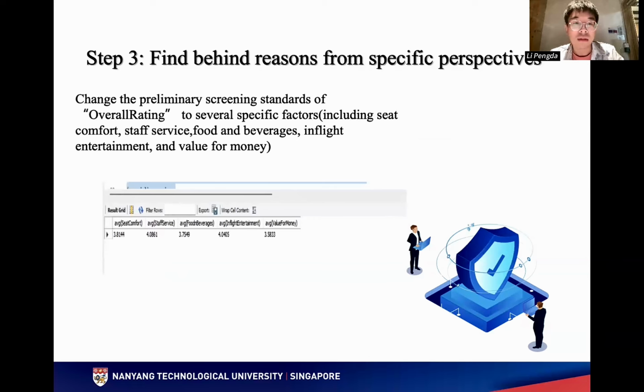We changed the preliminary screening standard of overall rating to several specific factors, including seat comfort, staff service, food and beverages, in-flight entertainment, and value for money. To quantify our results, we set standards as lower than the average score of the whole data sample. Results are just as follows.